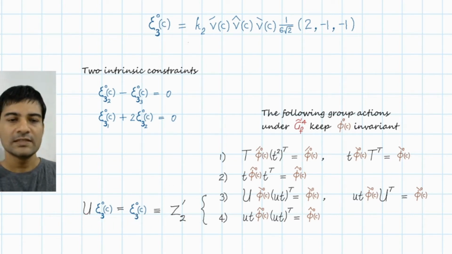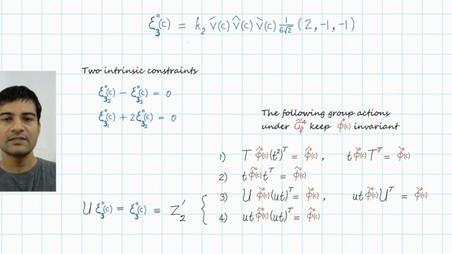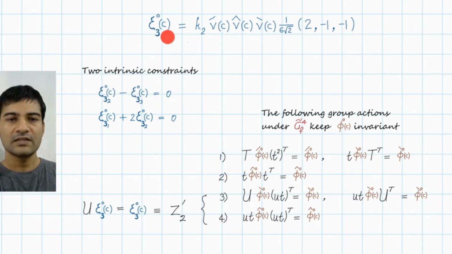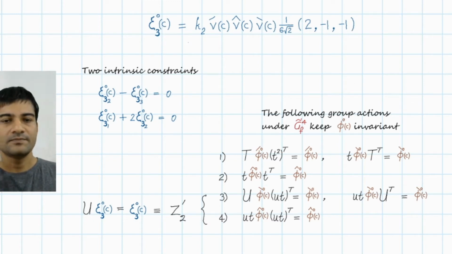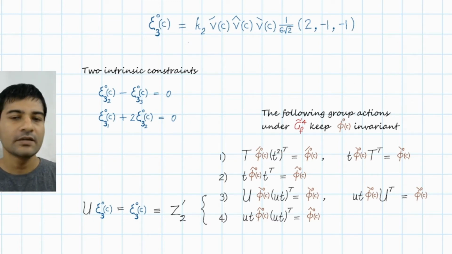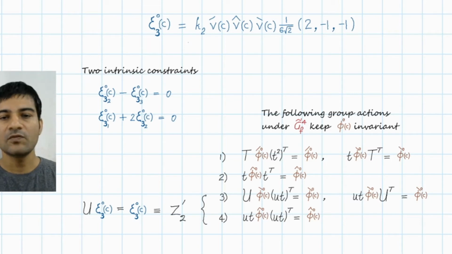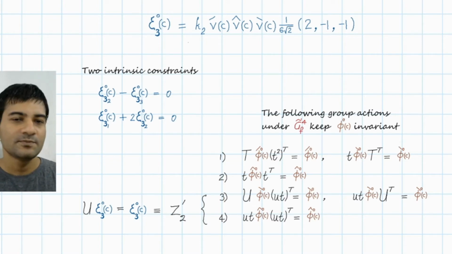So this invariance simply leads to our first intrinsic constraint, that is, the second and the third components of Xi3 0c are equal. What we saw here is that the symmetries of phi 0c under GF4, which is simply this Z2 prime, manifest as the symmetries of Xi3.